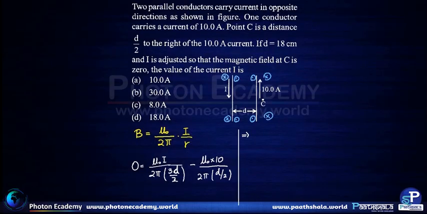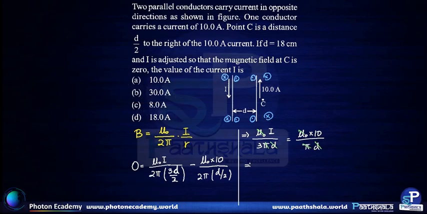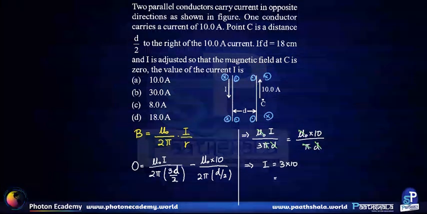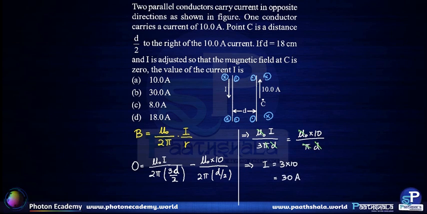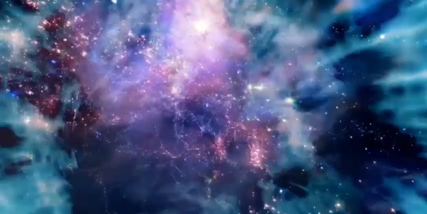So this becomes mu naught I by 3 pi d is equal to mu naught into 10 divided by pi d. Mu naught, pi and d cancel out. We have I by 3 is equal to 10, or I is equal to 3 into 10, which would be equal to 30 amperes. Hence option B is the answer.